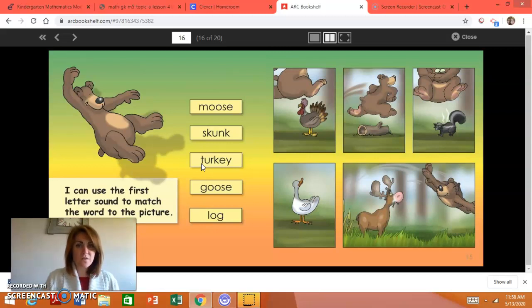Good. Which one of these animals starts with T? Yes, it is turkey. That first letter sound is G. Which animal starts with G? Yes, goose. And this last one is log. Log, and remember that it is that.